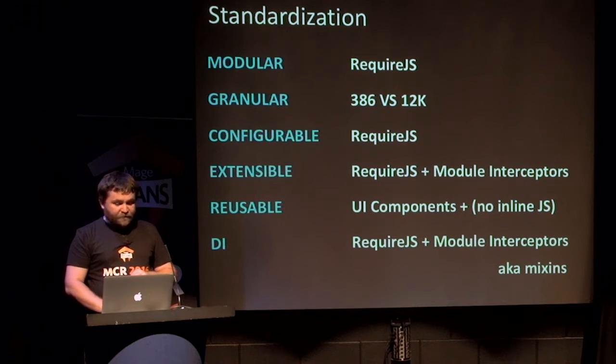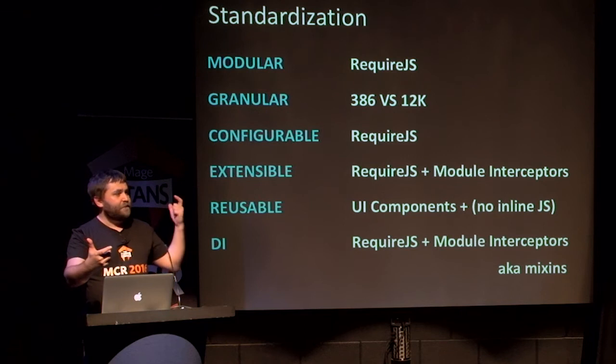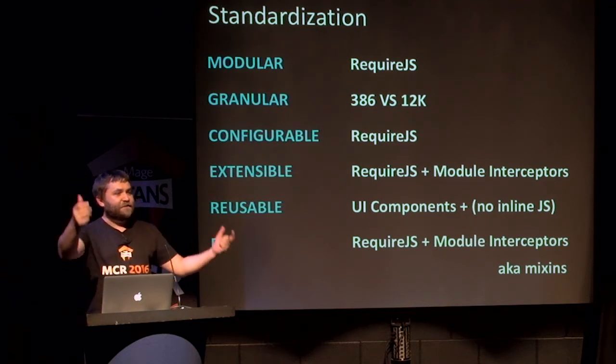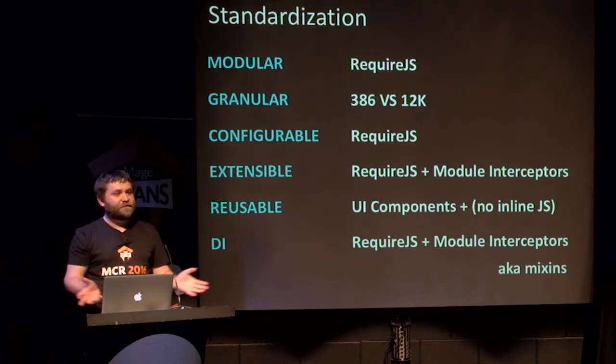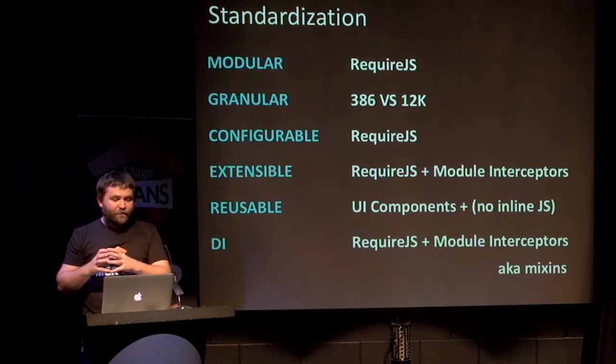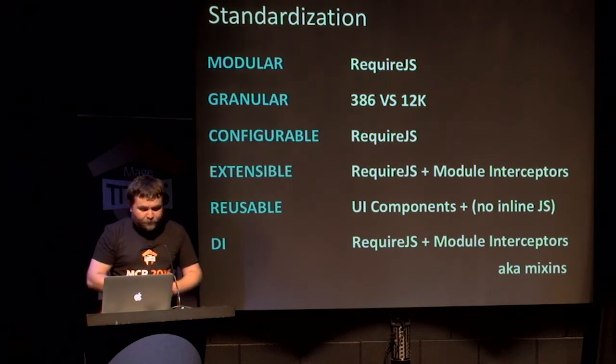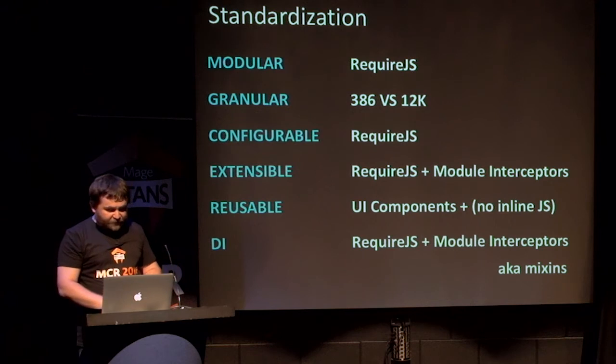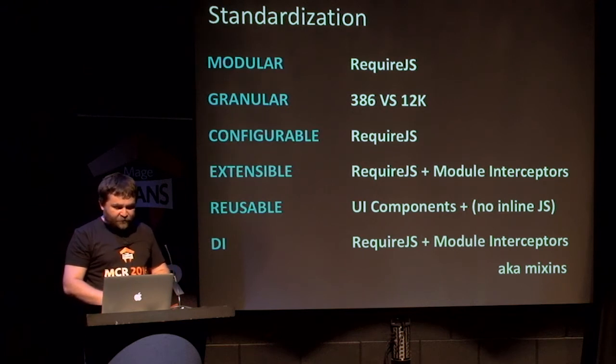And also JavaScript is reusable, because UI components and no inline JavaScript let you reuse the PHP, XML, JavaScript, CSS, and HTML, all these pieces together within one UI component entity. And I also mentioned dependency injection, so we can move forward.